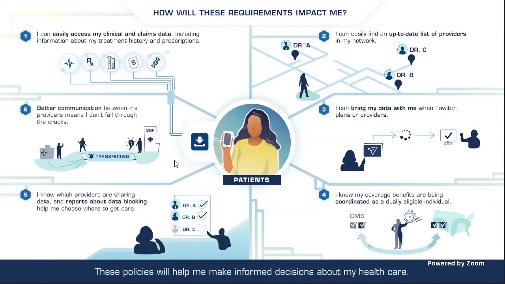Together with the ONC rule, these rules both address technical factors and industry factors that have historically created barriers to interoperability. So we're proud to say that together these rules work together to ensure that we are moving away from information blocking and data silos and moving more towards the free exchange of data in a secure manner to better patient care.